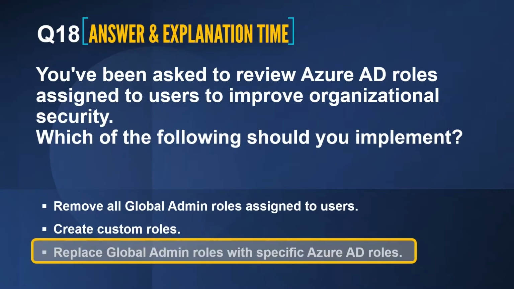The correct answer is replace global admin roles with specific Azure AD roles. By following the least privileged security model and assigning specific admin roles such as billing administrator or user administrator to more users instead of global admin roles, you can improve organizational security.